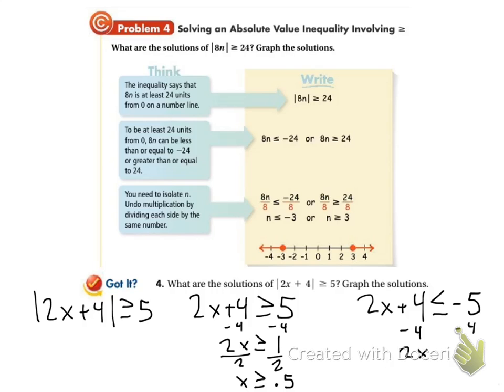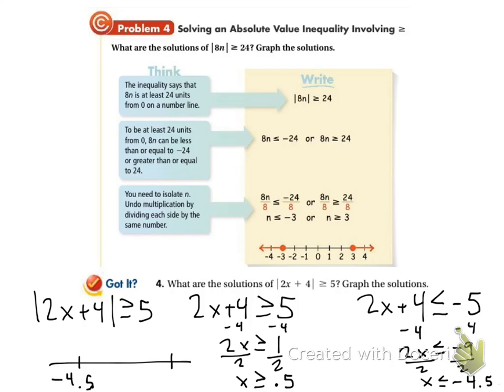I get 2x is less than or equal to negative 9. Divide it by 2. And I get x is less than or equal to negative 4.5. And then I need to graph them. So I will stick it over here. I've got negative 4.5.